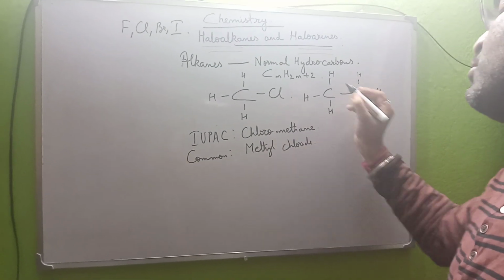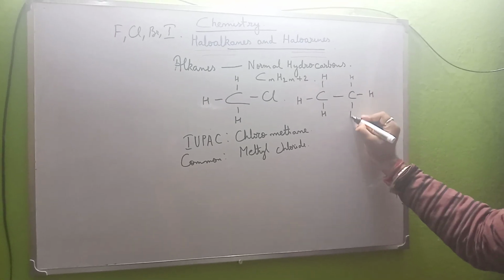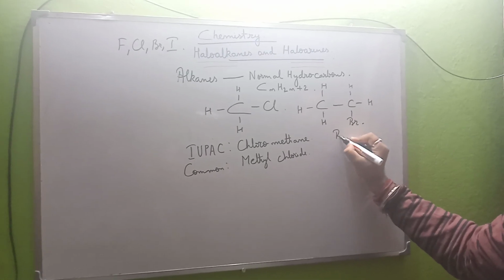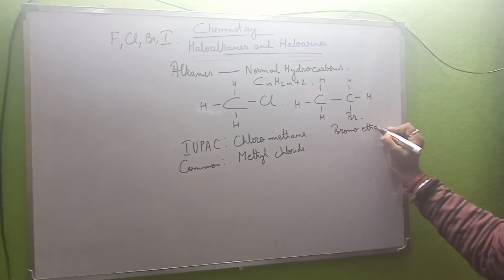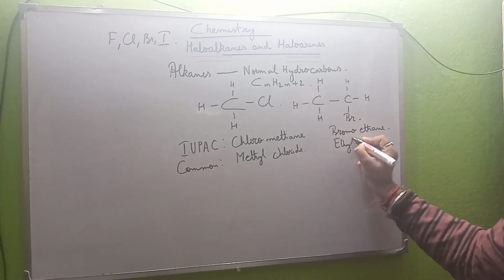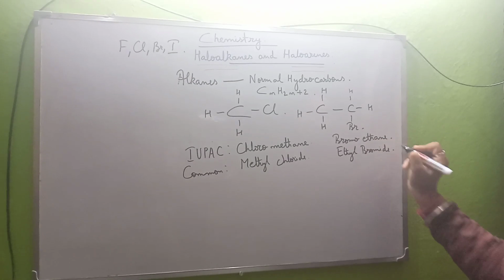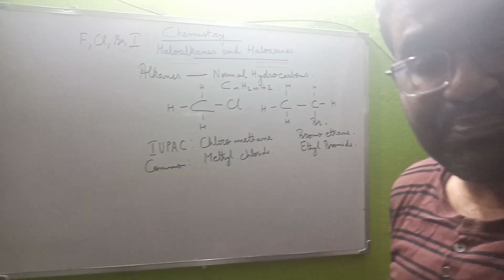Similarly, if I replace a hydrogen and write bromine, the IUPAC name will be bromo plus 2 carbons, so bromoethane, and the common name will be ethyl bromide. So this is what we have studied till now.